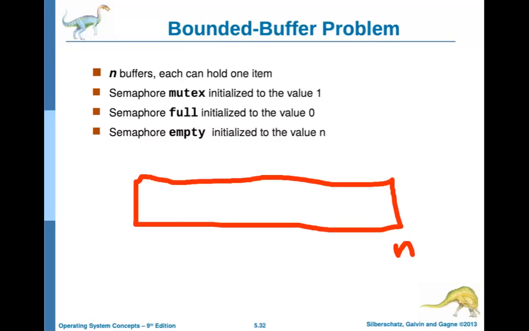So it is like space for first element, space for second element, space for third element. Similarly, we have total n, 1, 2, 3 up to n. So that is the capacity of this buffer. And because this is limited, that is the name bounded buffer.